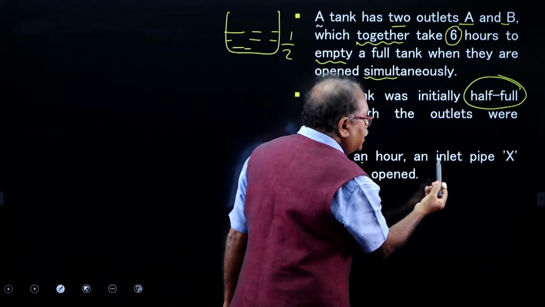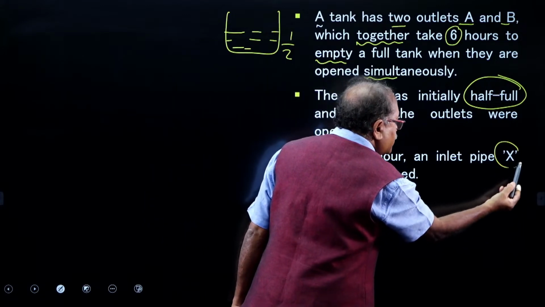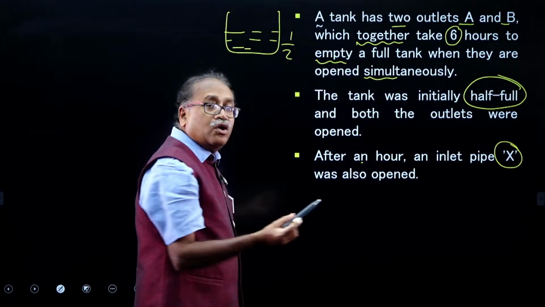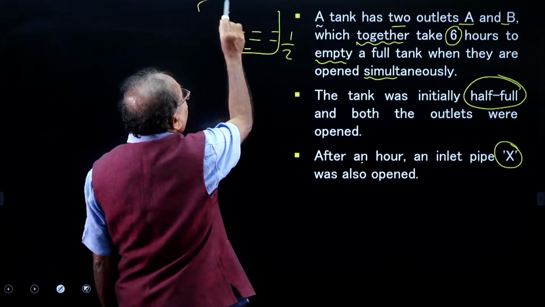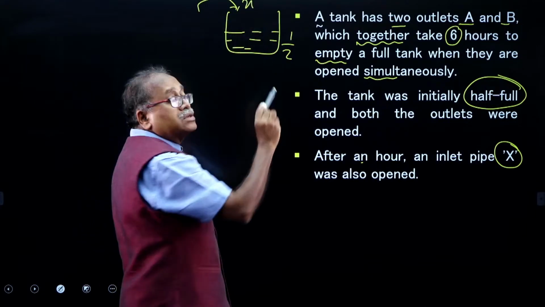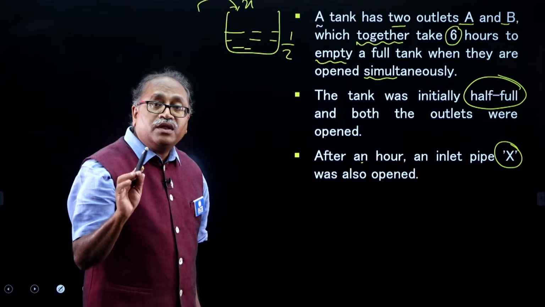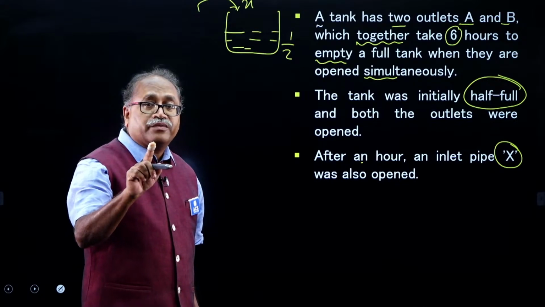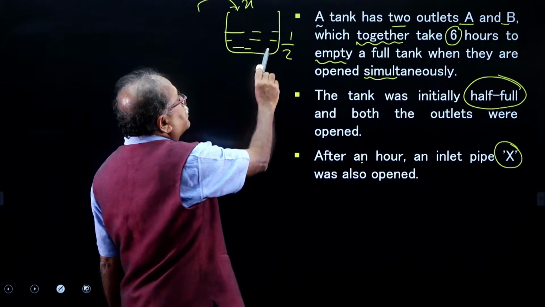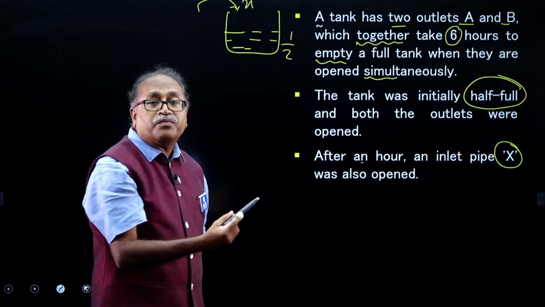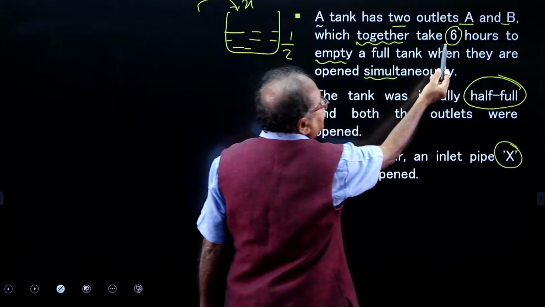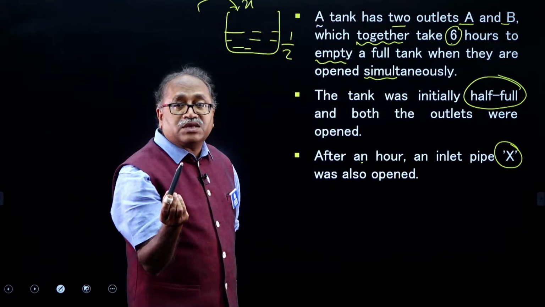After an hour, the inlet pipe X was also opened. When? After 1 hour. So, after 1 hour what will happen? The water will go out. It completely empties the tank in 6 hours.